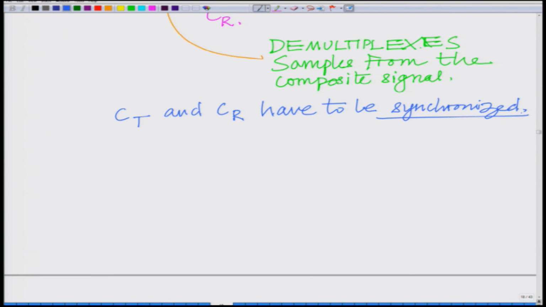CT and CR have to be synchronized for error free operation. If they are not synchronized, then the reconstructed signals will not be similar to the transmitted signals.